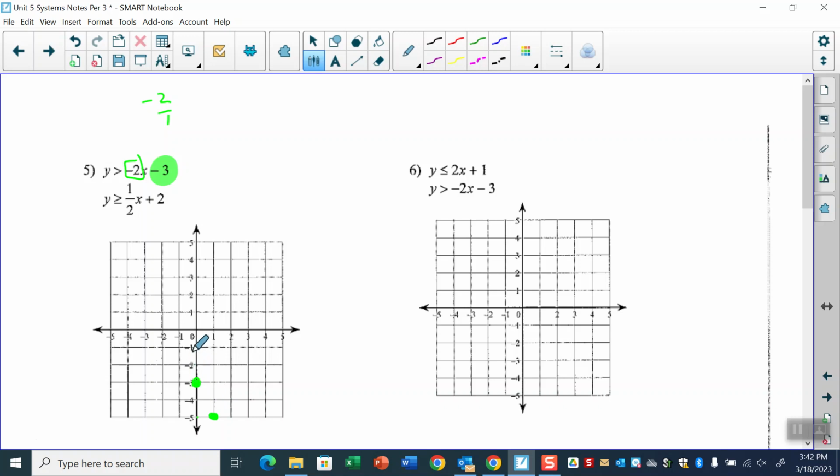Or then I could go up 2 and left 1. And see if I connect these, that's a negative slope. It has to be a negative slope. And it's going to be dashed because there's no equal sign. So I'll make this be dashed. And now it's greater than, so I'm going to shade above.